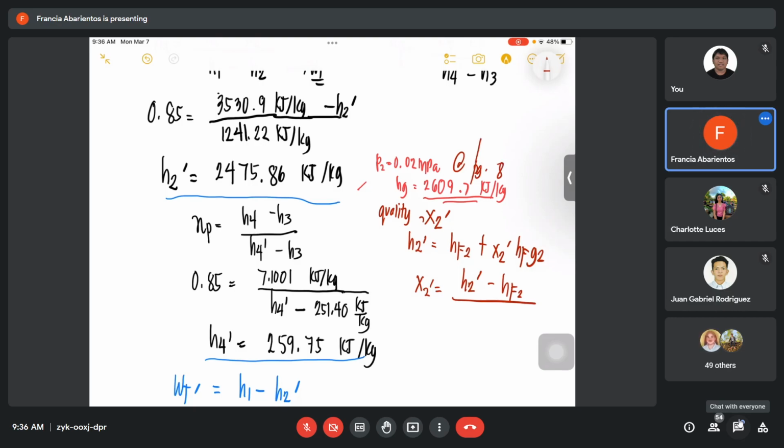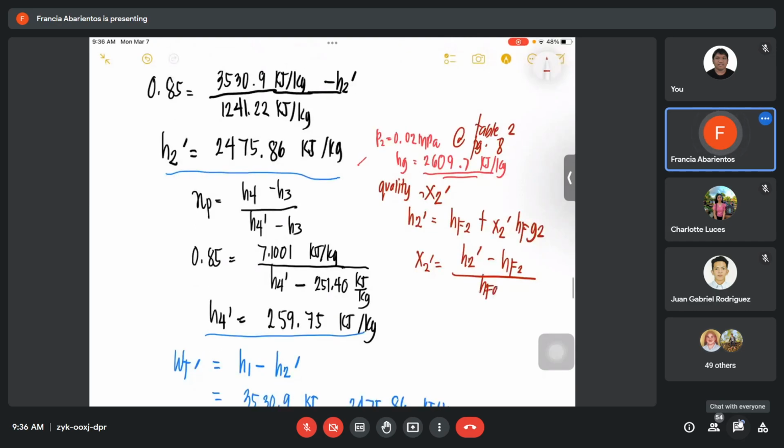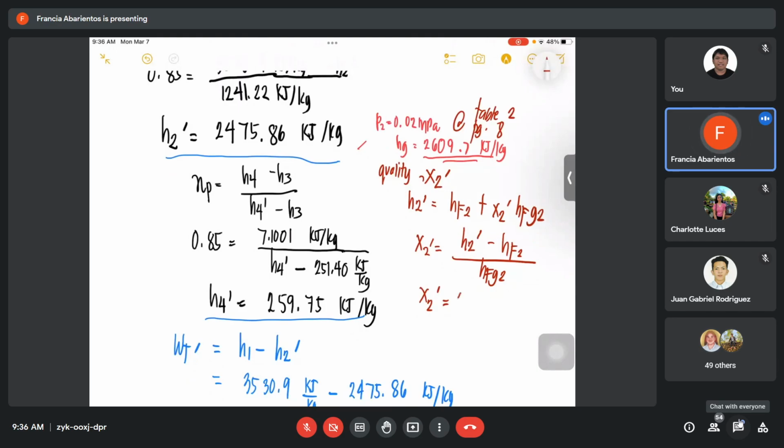It is not in the problem but I am showing it to you. H2 prime is 2475.86, minus HF2 of 251.4, divided by HFG of 2358.3.